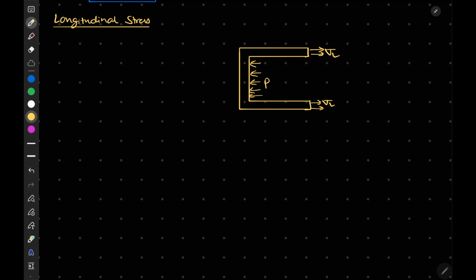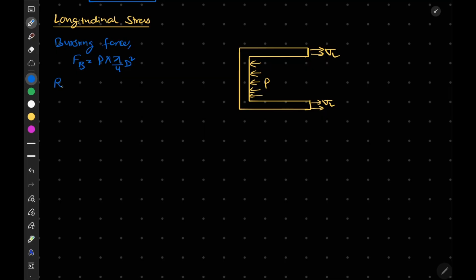So we can write the bursting force Fb is equal to pressure into area, which will be here pi by 4 D square. I hope you understood this point.